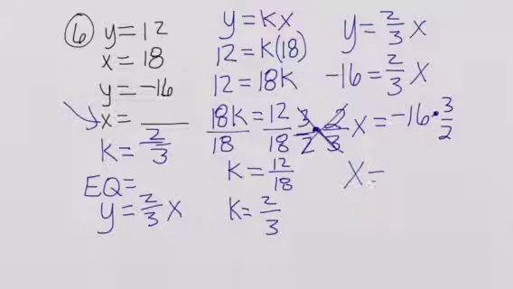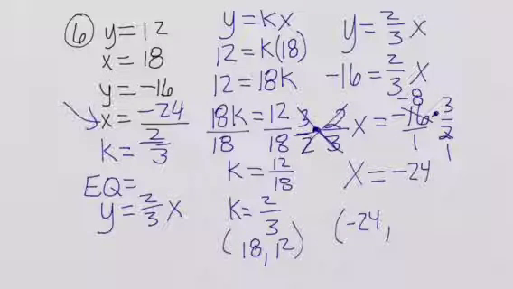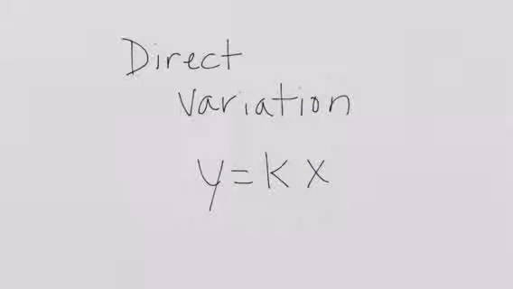So we have x is equal to negative 16 over 1. 2 goes into 2 one time. 2 goes into negative 16 negative 8 times. So x is going to be negative 24. So the two ordered pairs that we have are 18, 12, and negative 24, negative 16. And that's how you use the direct variation equation.